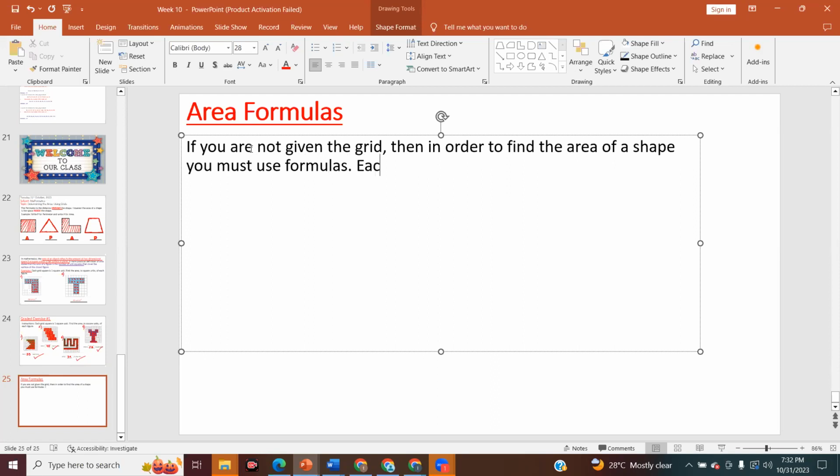Each shape has its own formula for finding the area.